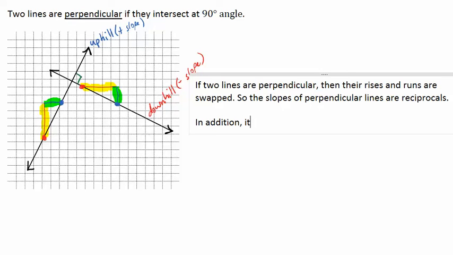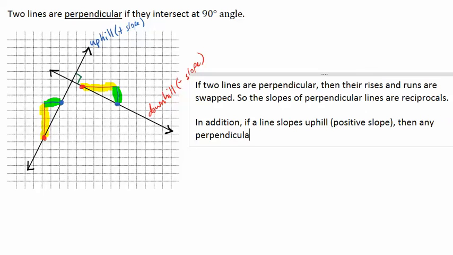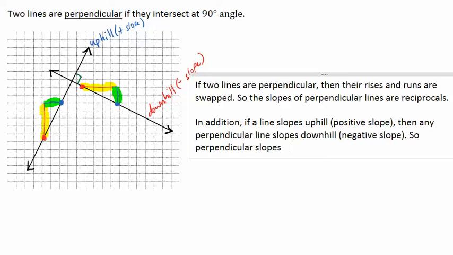So in addition, if a line slopes uphill, meaning it has a positive slope, then any perpendicular line slopes downhill, meaning it has a negative slope. So perpendicular slopes, let's say, have opposite signs.